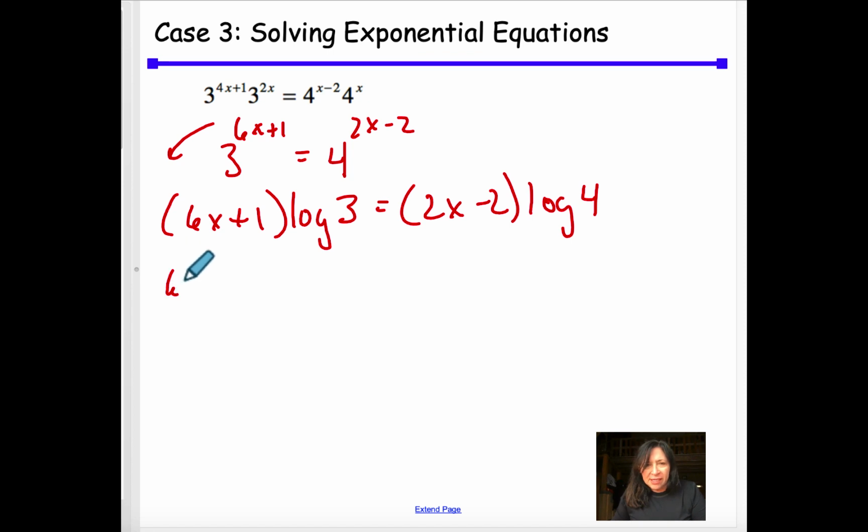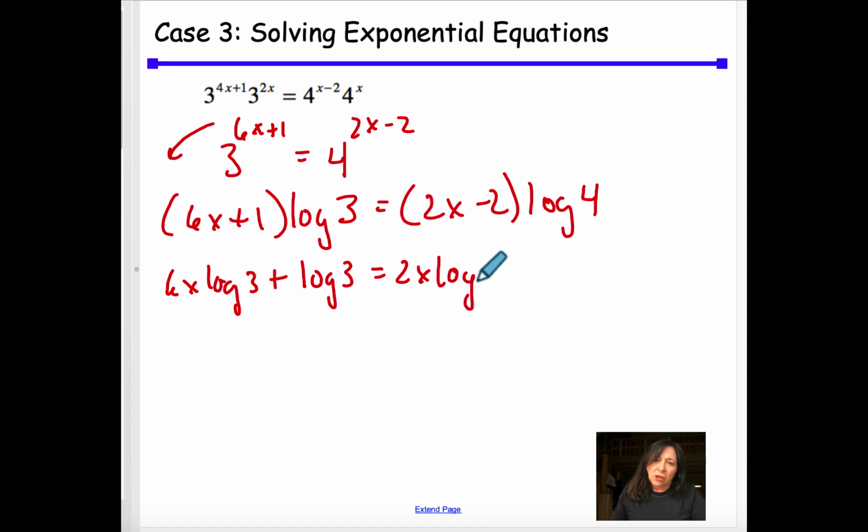You get 6x log 3 plus log 3 times 1, which is log 3. And then distributing the log 4, I get 2x log 4 minus 2 log 4. And then, of course, we're trying to solve for x. So we want to get both of the x's on the same side.